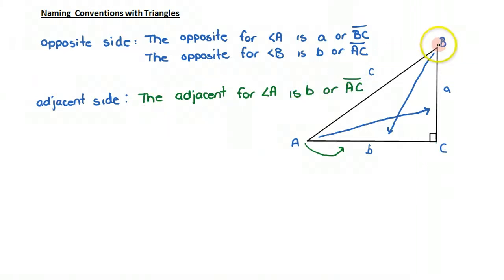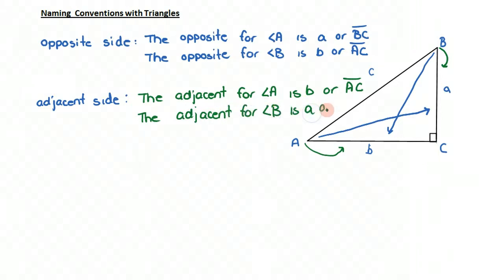And likewise, if I take angle B, the adjacent for angle B is a, or BC. So the key thing is that the opposite side and the adjacent sides are subjective to the angle that you're discussing, and that's really important.